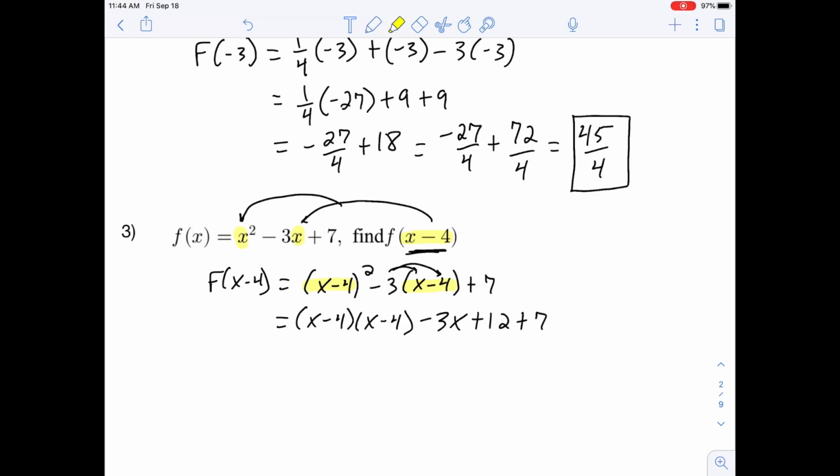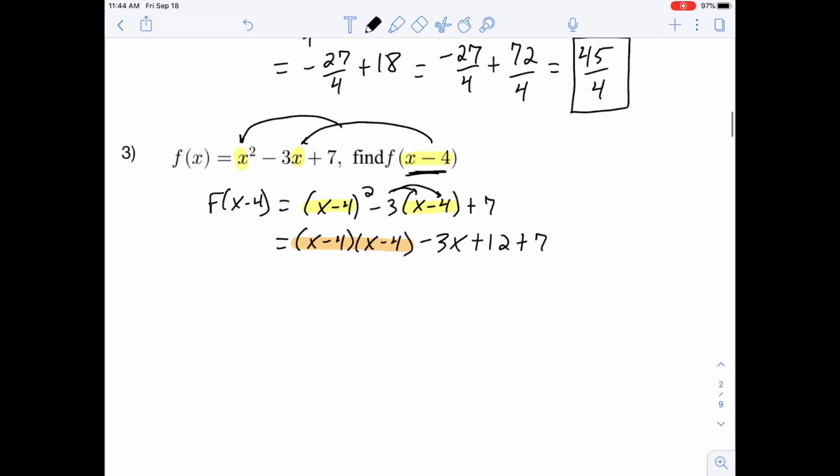So now when I multiply this out right here, we'll scroll this up a little bit. That's going to give me x squared minus 4x plus 16, and then I'm going to rewrite everything else. So again, this is what you get when you multiply the x minus 4 times x minus 4.